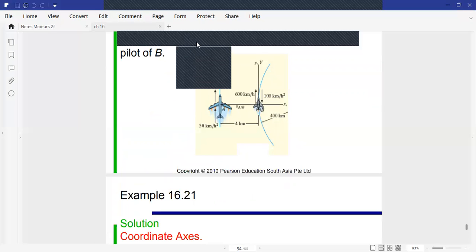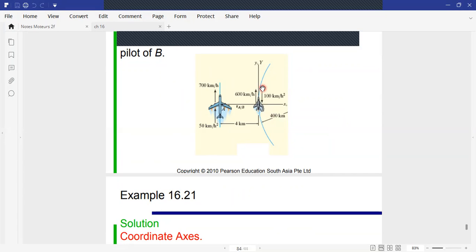So if you do the right hand rule, you will see that omega will be in the clockwise direction. Because it's in the clockwise direction, it's along minus K. Because if you do the right hand rule, your finger will be towards the screen. So it's minus K.